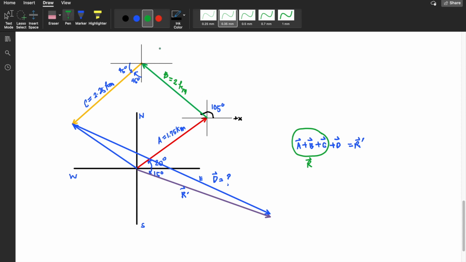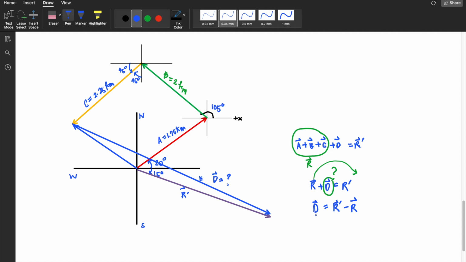So we rewrite the equation as R plus D is equal to R prime. Since we're asking for the D vector, we transfer R to the other side, so D is equal to R prime minus R.